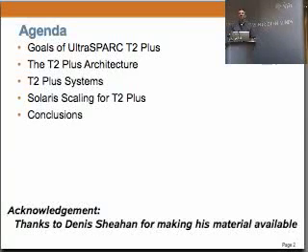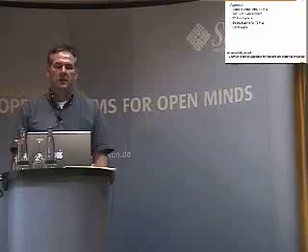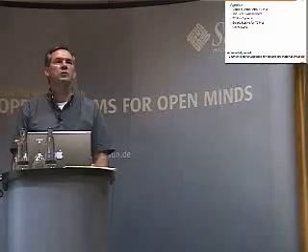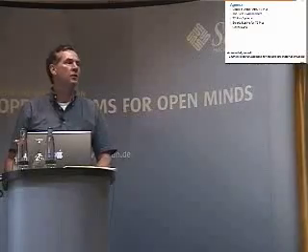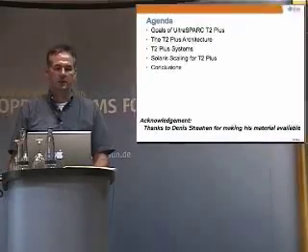Occasionally I may call it Victoria Falls, but it's all the same. I'll go over the architecture fairly briefly, then talk a little bit about the systems that we have, including the system that Ken has, and say a few words about what we're doing and have done in Solaris to make it scale to these fairly novel kinds of systems.